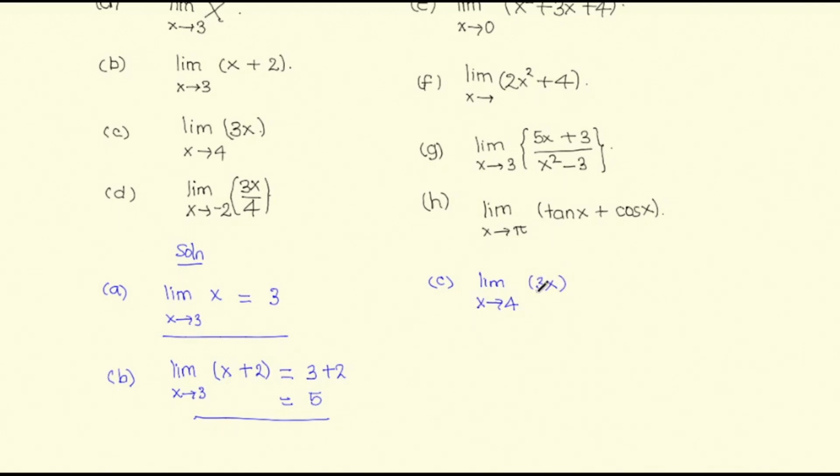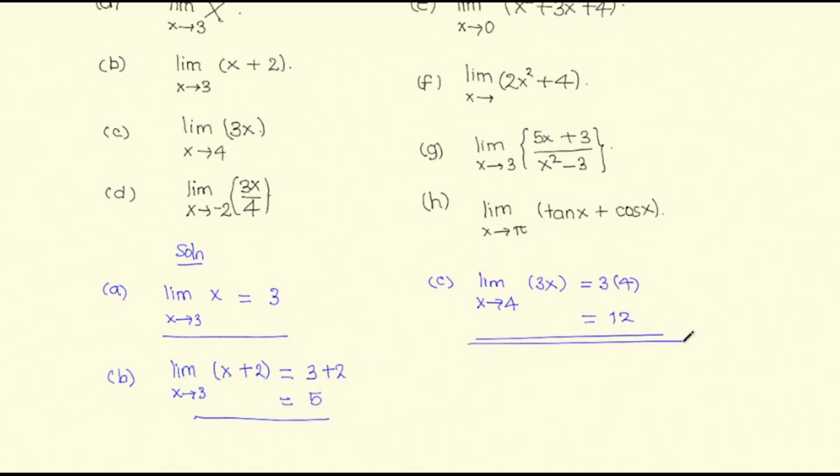This time around, we are multiplying a number together with this variable. In the second one, we added the variable to a constant. So let's move on. Now we can substitute where there is x. So we have here 3 times x, and our x is 4. When you multiply this together, we get 12.